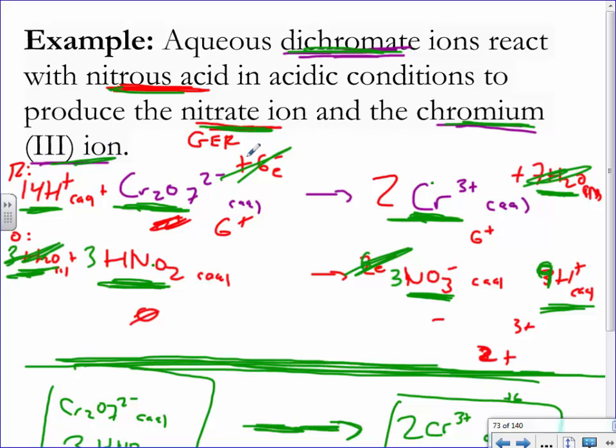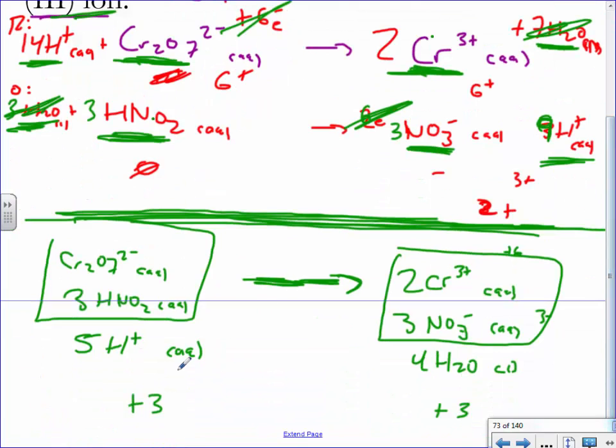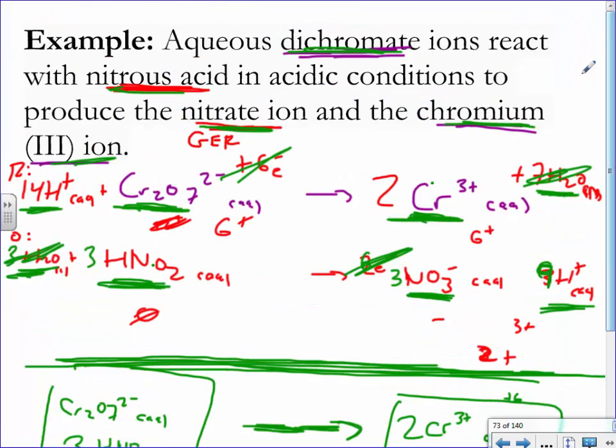But you know what we needed to fill in the blanks with? We needed to fill in the blanks with some H pluses and some waters. Which makes sense, though, because it mentioned that it was in acidic solution conditions, and it mentioned that it was aqueous. So I'm not overly surprised to see water and H plus be a part of my equation. That's not a huge surprise. But that's the extra thing we need to now add in.